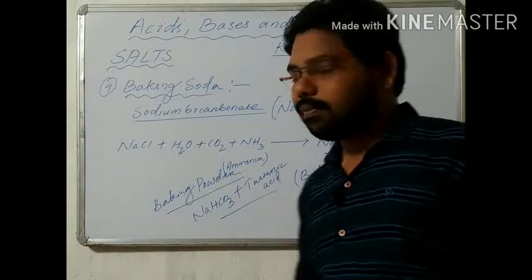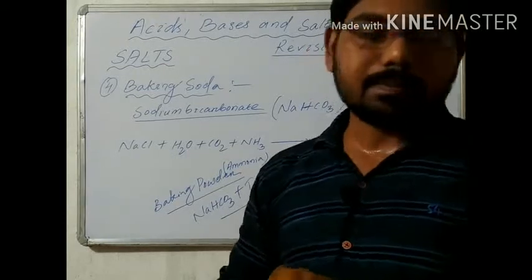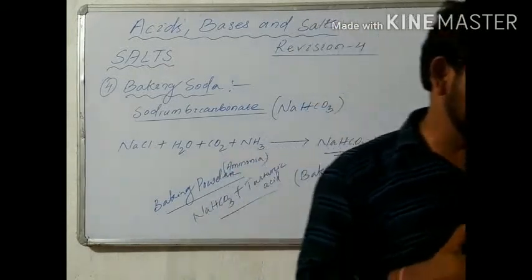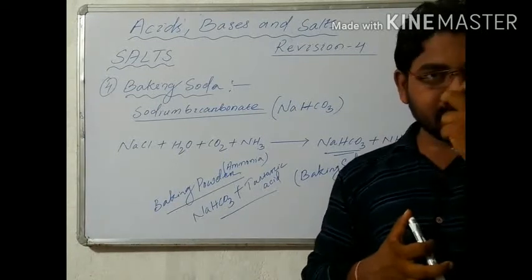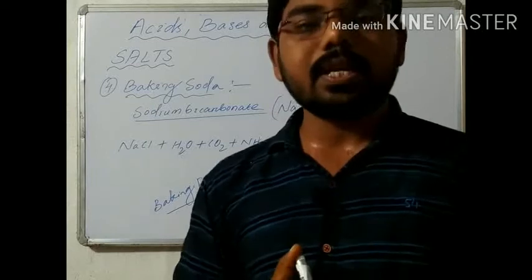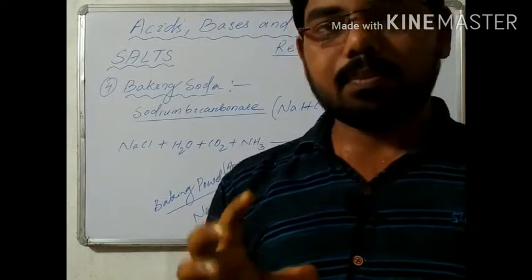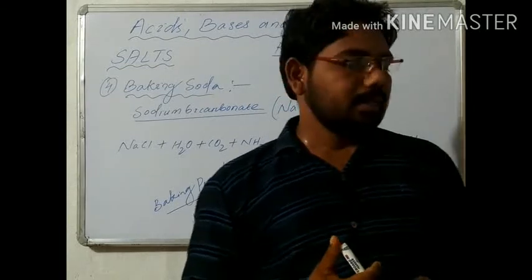These baking powders are used for preparation of bread, because when they react with mild acids, CO2 gas is released, and the bubbles of CO2 gas help make the bread spongy. That's why the bread is spongy.